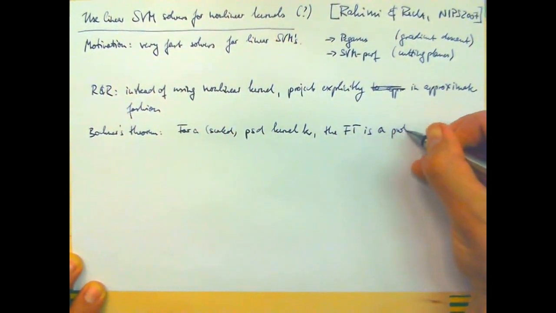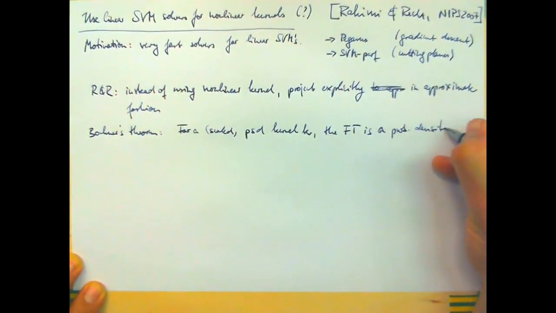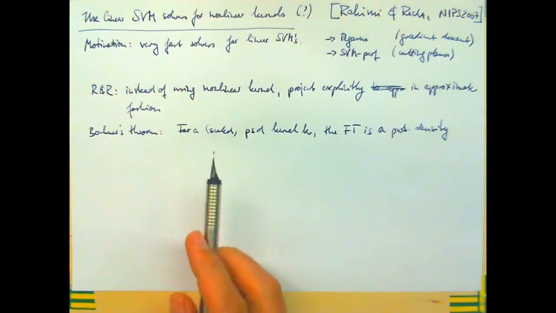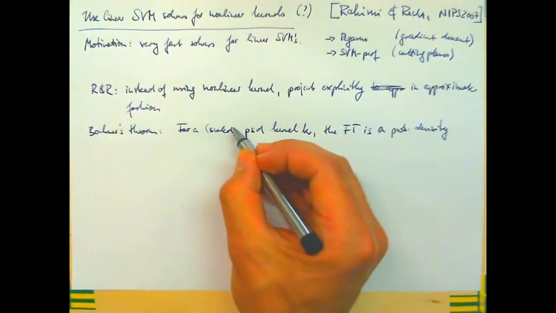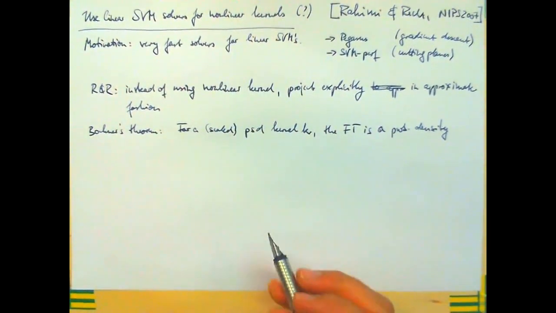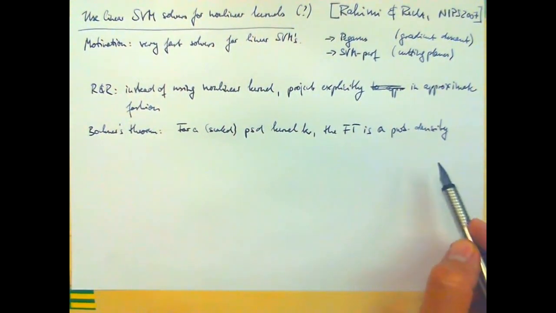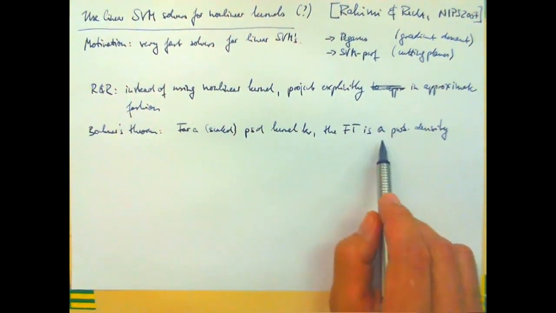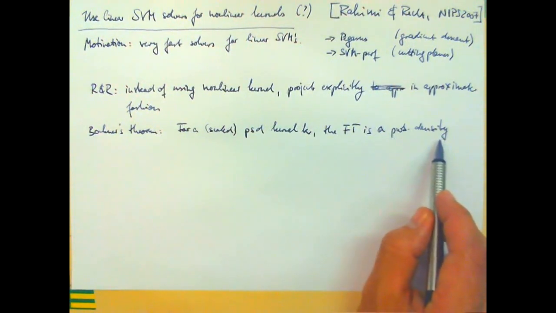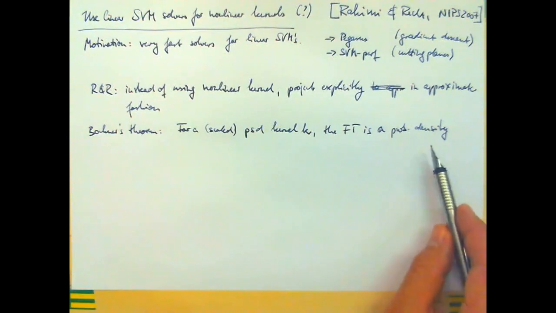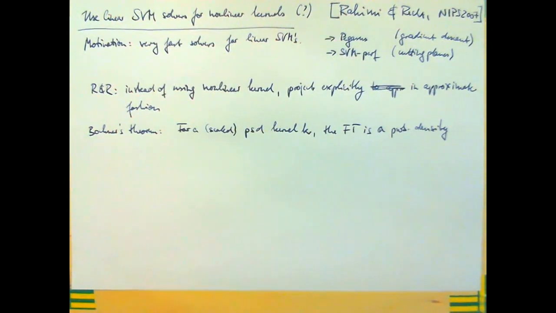So by scaled, I simply mean that you have multiplied it with an appropriate scalar number such that the second part of the sentence is true. A probability density is non-negative and integrates to 1. And by appropriately scaling your kernel, you will make sure that it integrates to 1 and not to some other number.